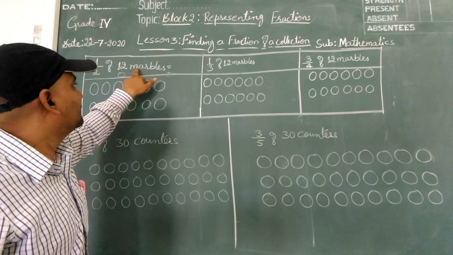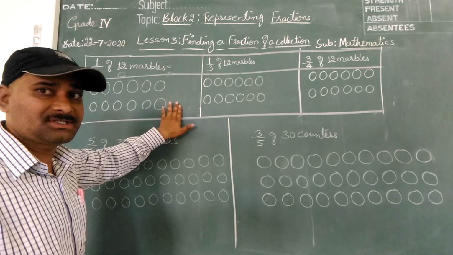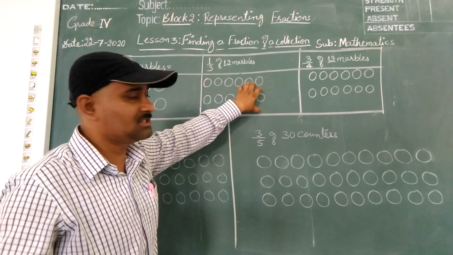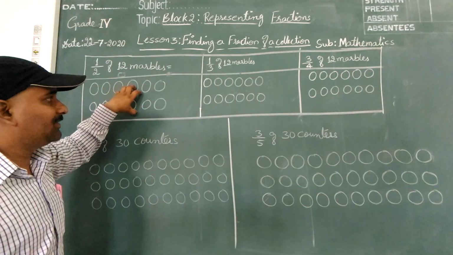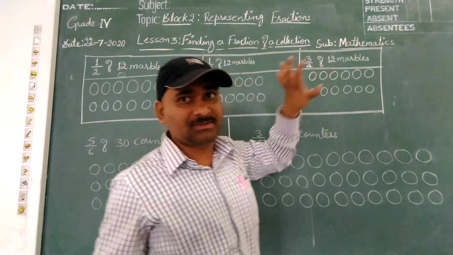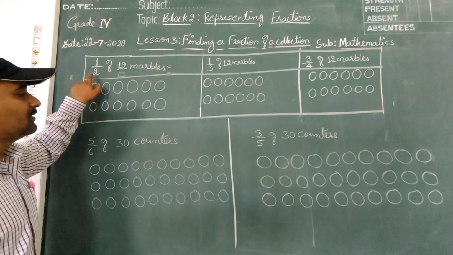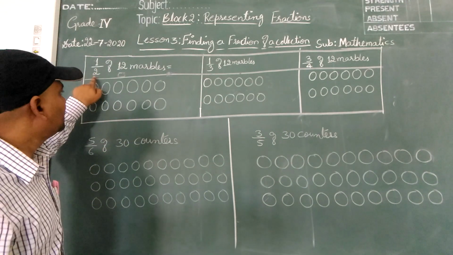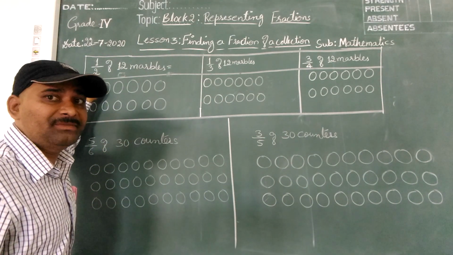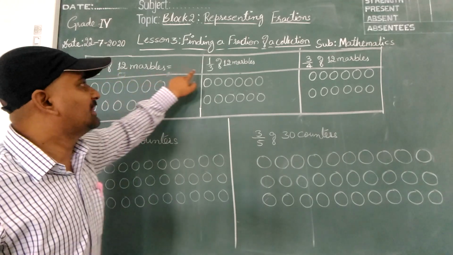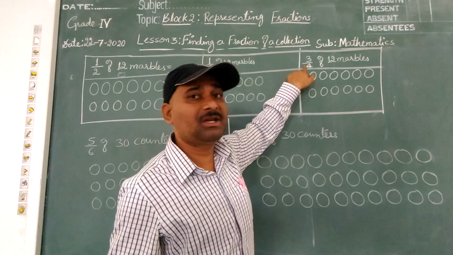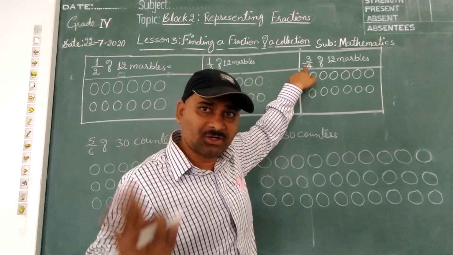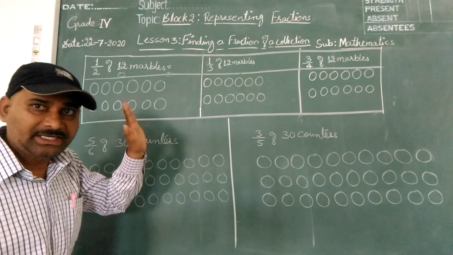As I said, all 12 marbles are drawn. Here, as I said earlier, 2 represents the number of groups, 3 represents the number of groups, 4 represents the number of groups. Clear?